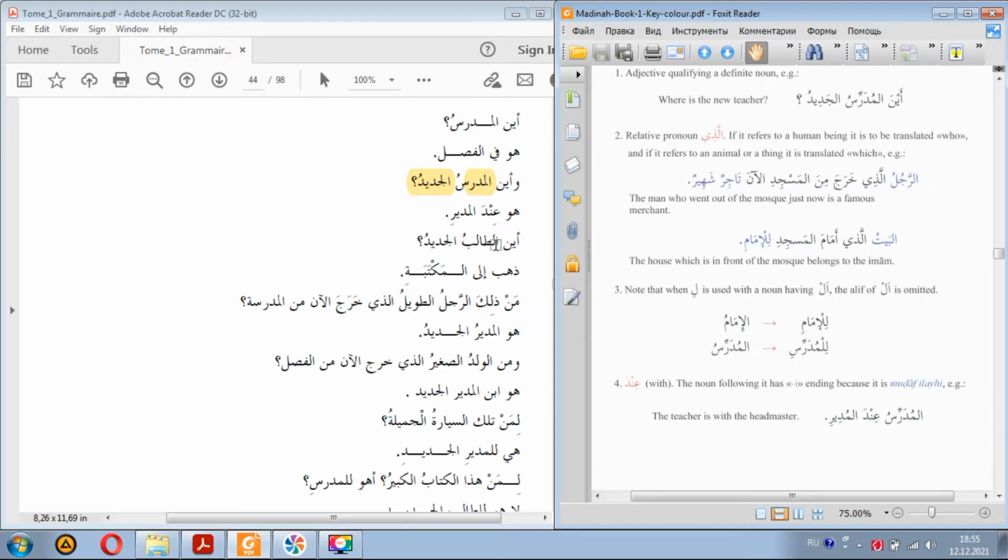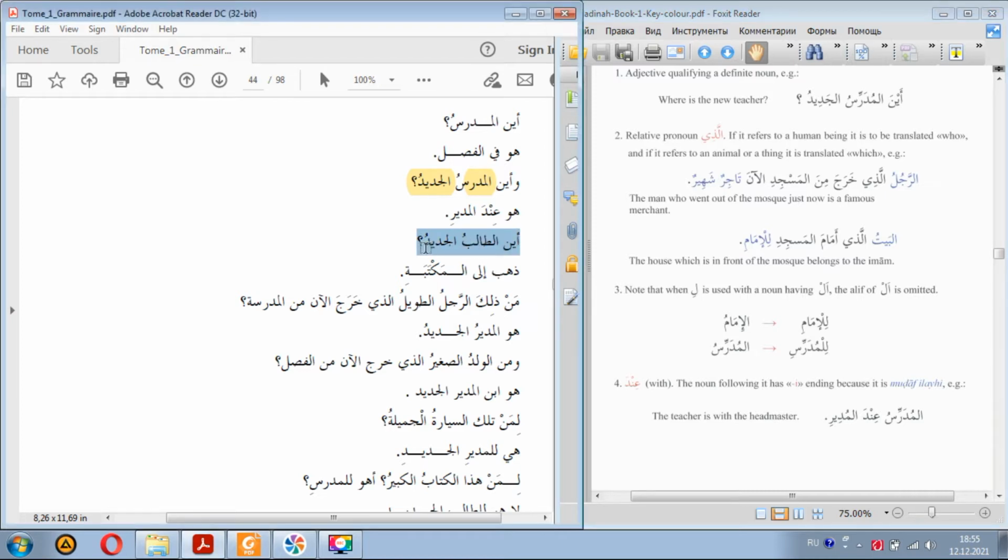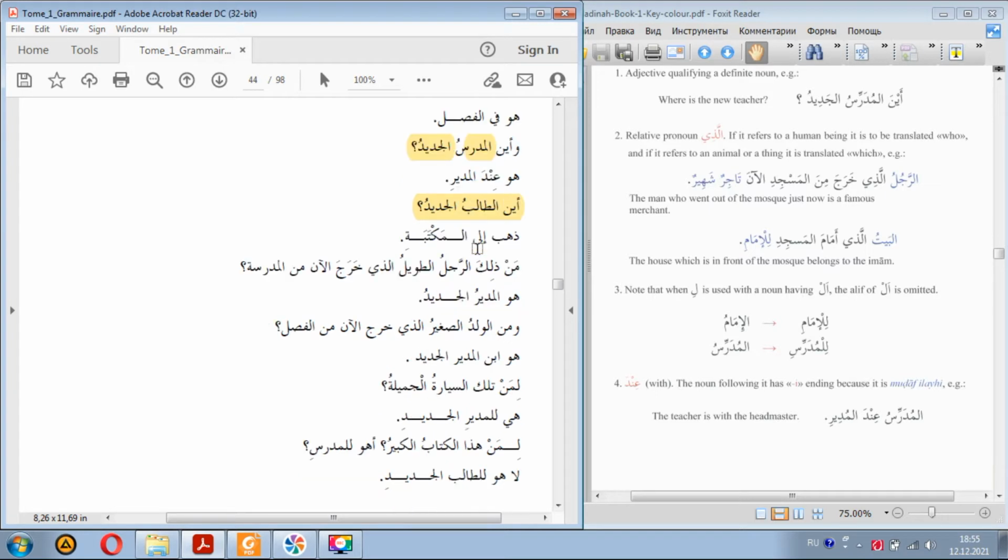أين الطالب الجديد? Where is the new student? And don't forget that the adjective comes after the noun. In English you say new teacher, but in Arabic you say the opposite. Firstly you put the noun, and then you add its adjective.